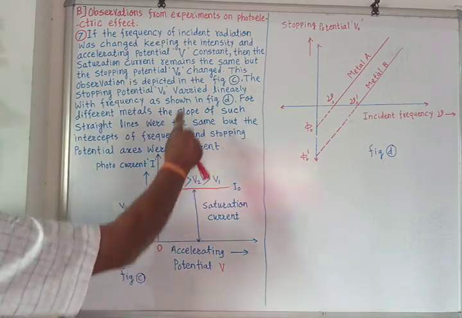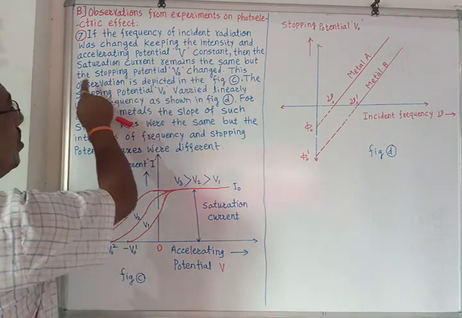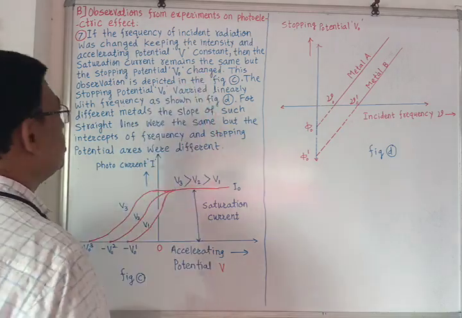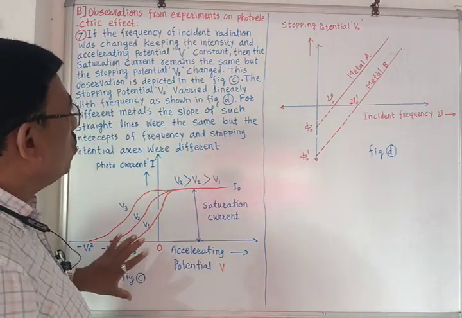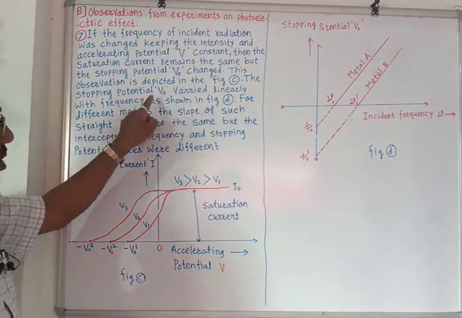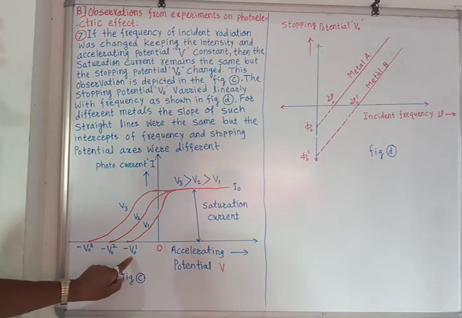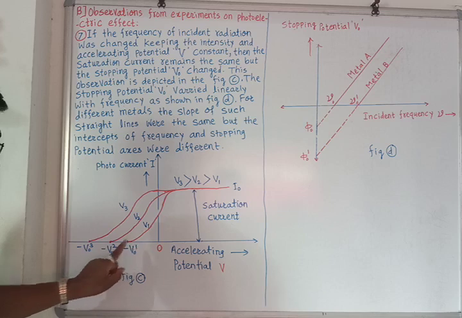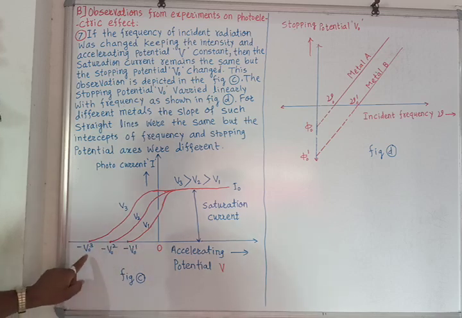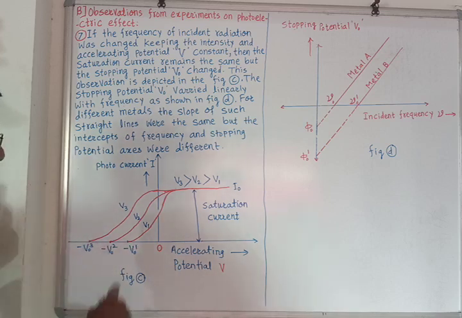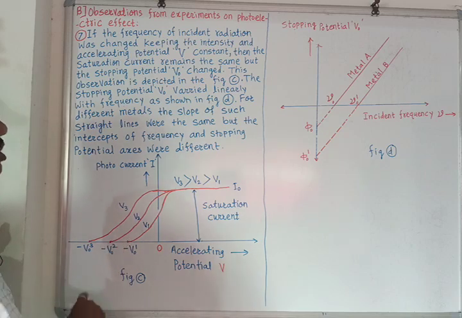Now the saturation current remains the same, but the stopping potential V0 is changed. This observation is shown in the figure C. The stopping potential V0 varied. This stopping potential is V01, V02, V03. So these are the stopping potentials.